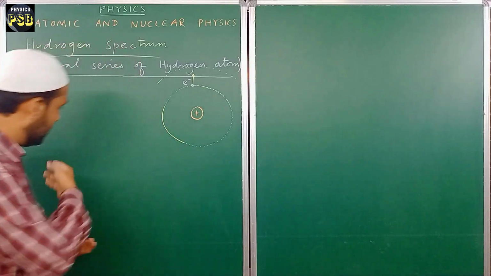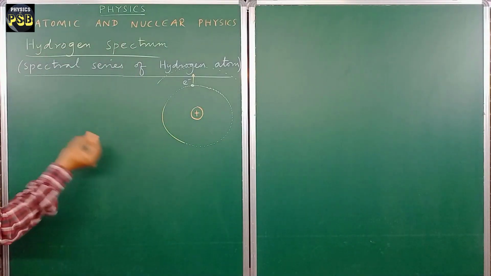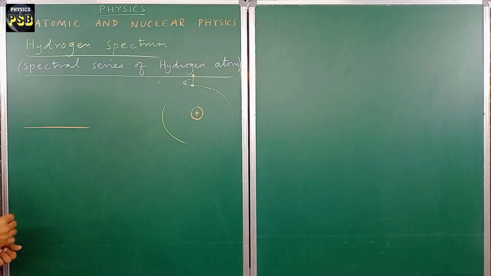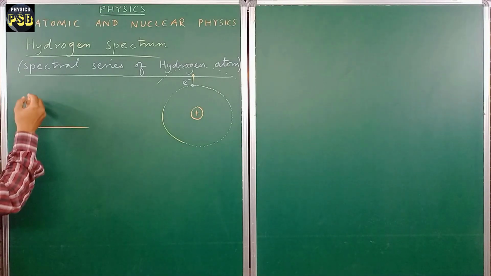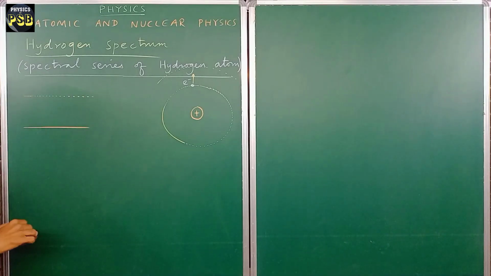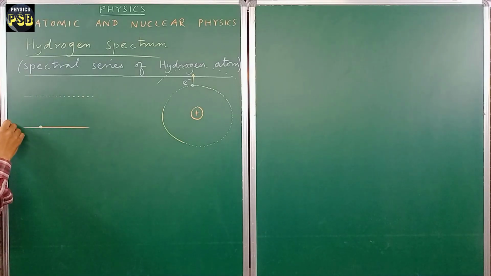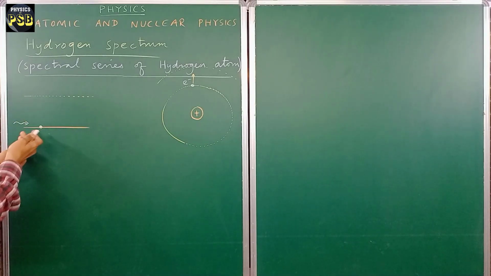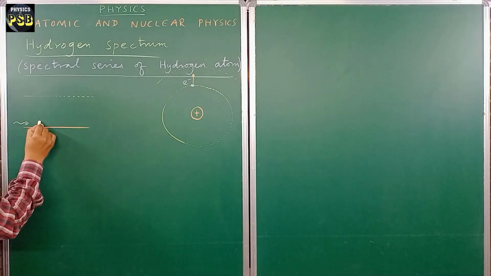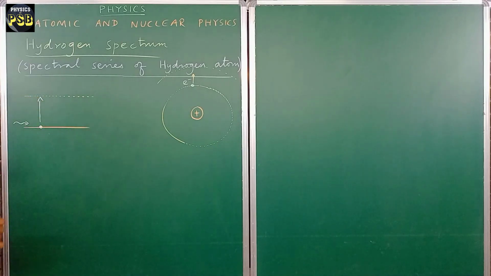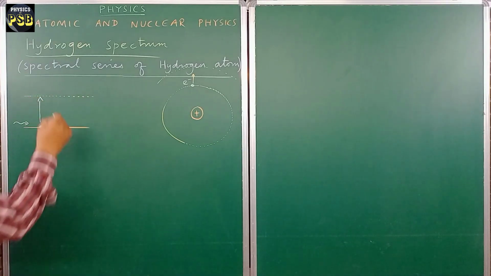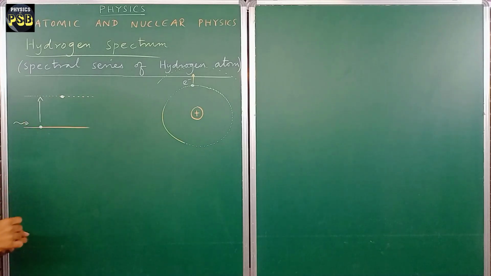Let me show this to you here. Suppose this is the first energy level, and this is the higher energy level. An electron is present here. Now I supply energy to this electron. This electron absorbs it and moves to the higher energy level. Now this electron is referred to as an excited electron.